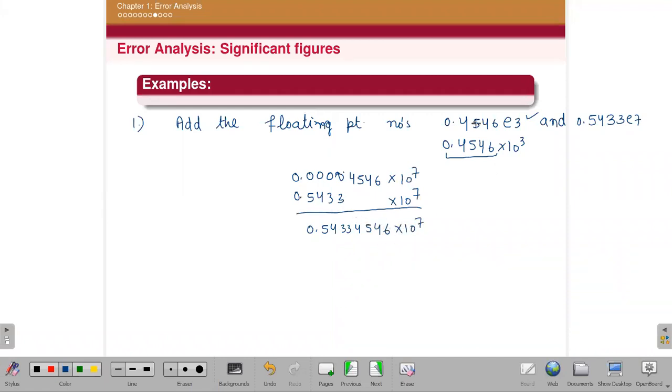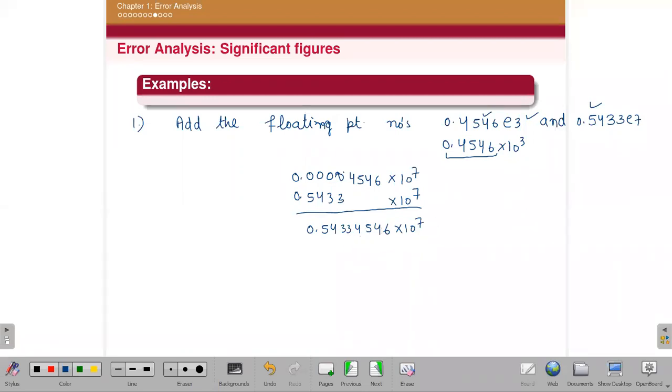Okay, no problem. Now, you can see your inputs, these are two inputs here. If you see the mantissa, its significant digits, there are 4 significant digits in this number and in this number. So there is a rule actually: if your inputs contain numbers with 4 significant digits, then your output should also maintain that manner, meaning it should contain a 4-digit number.